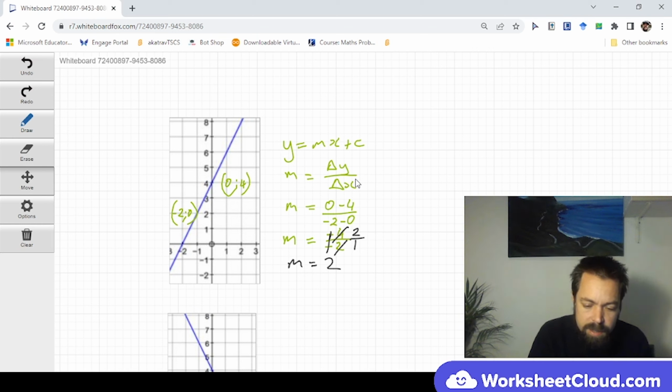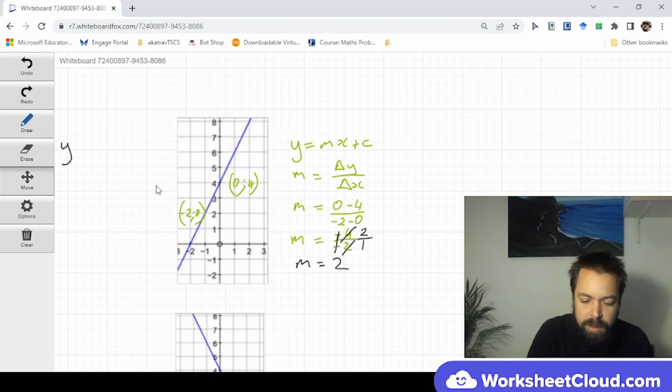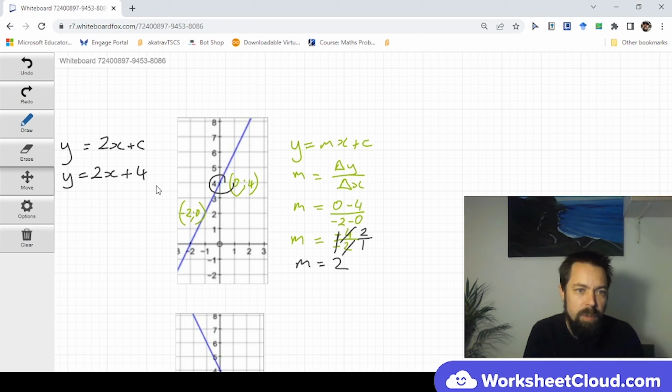And popping over to the other side, I'm now going to put that into my formula. Y is equal to 2x plus c. So now I just need to identify the intercept with the y-axis. It passes through the y-axis at 4. So then my formula for this graph is y is equal to 2x plus 4.